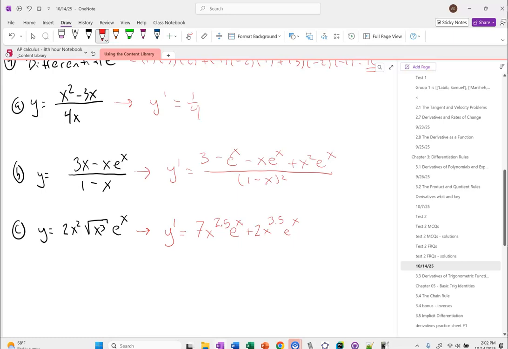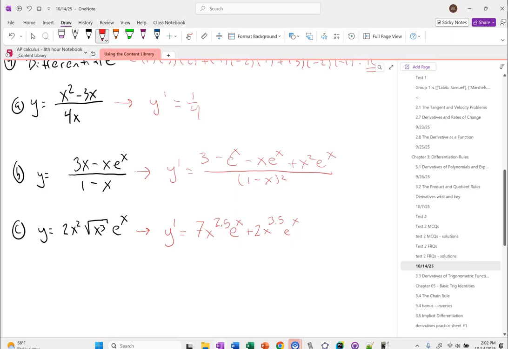The derivative of x over 4 is 1/4. The derivative of 3/4 is 0. You can do that in your head, which is exactly the kind of time-saving thing that you have to get good at for the AP exam. If you're trying to do that with a quotient rule, you're going to run out of time on the AP exam. You have to look at that and go, I see the quick way of doing this.